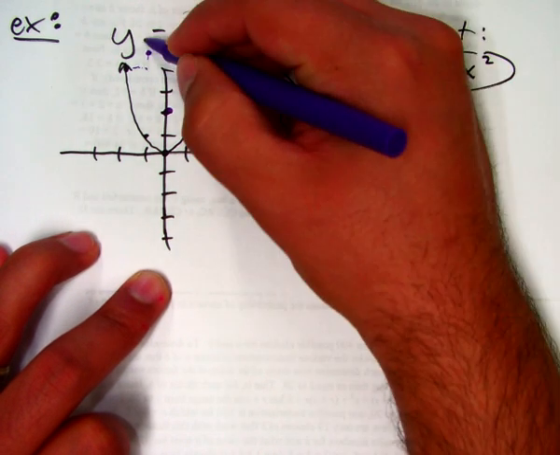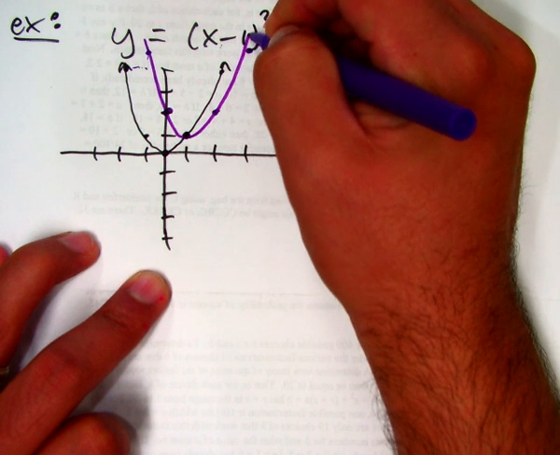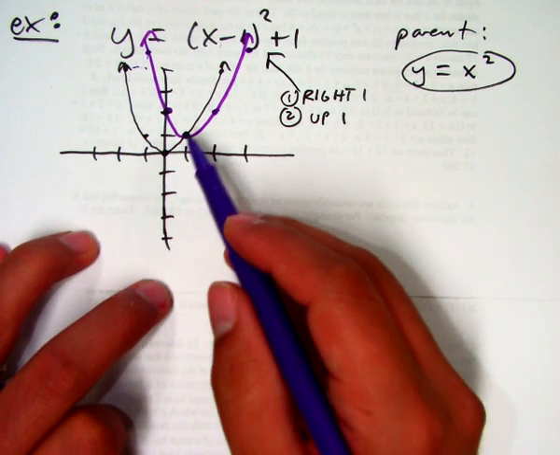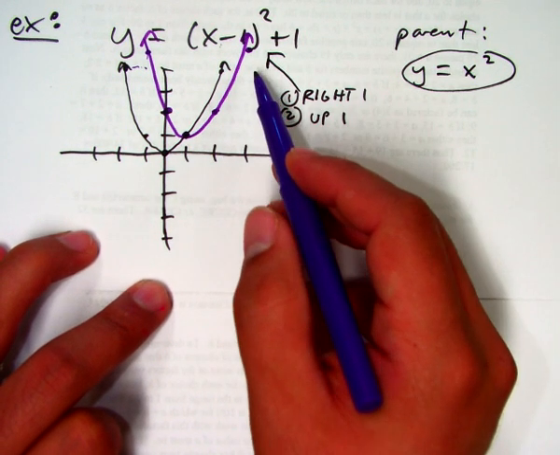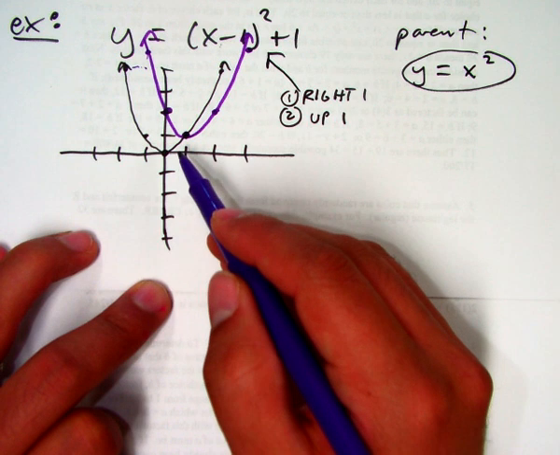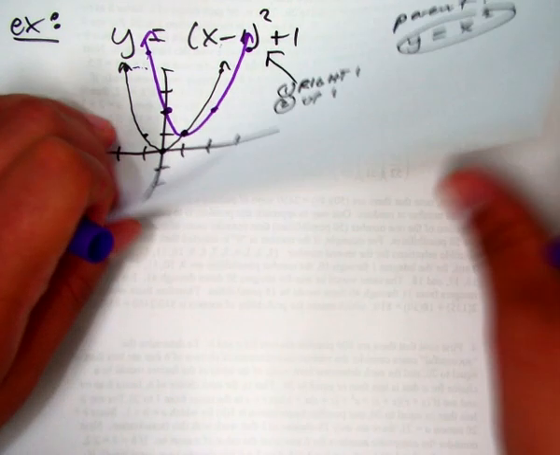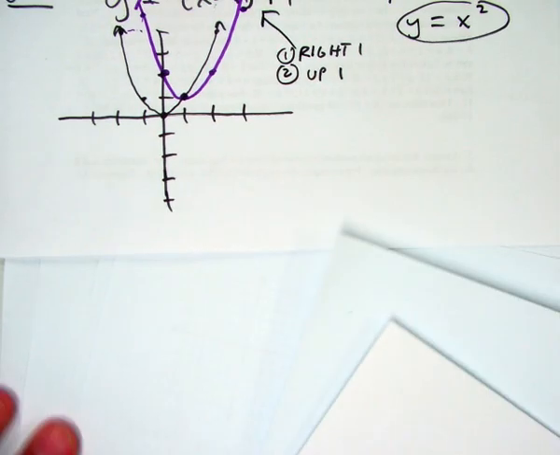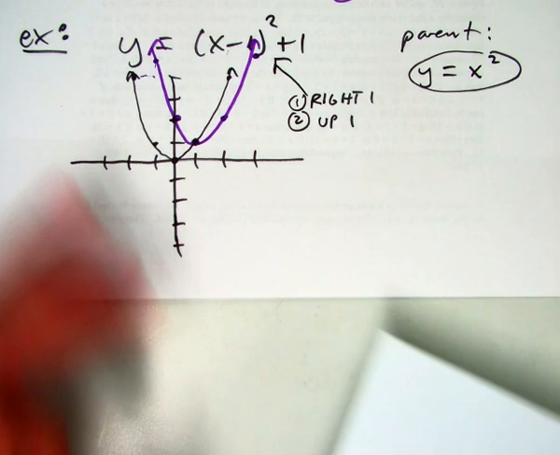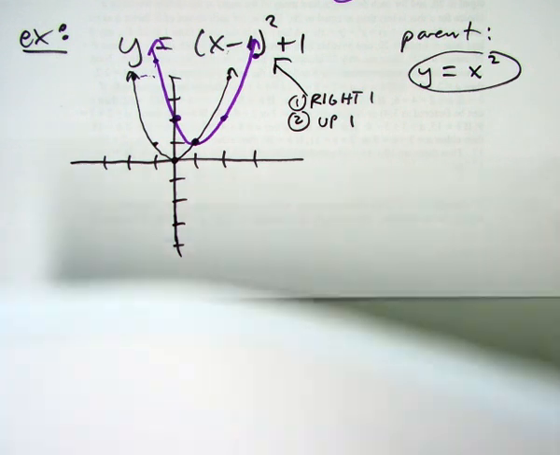So then here's your final graph. So the shape stays the same. The only thing that happens is that everything gets shifted over right 1 unit and up 1 unit. And like I said, this works no matter what kind of functions you have. So if you recognize the parent function, then you're in good shape, because you can just follow these same rules.